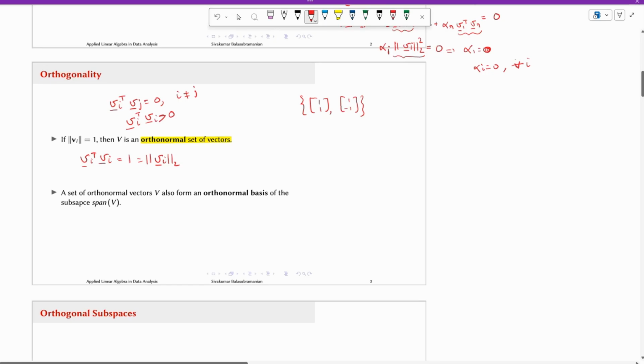No. How will you convert this into an orthonormal set? Let me ask you this: what is the Euclidean norm of V1?